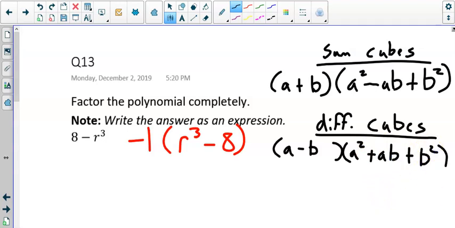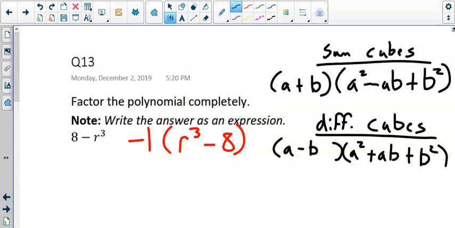The only difference between these two is where you put the minus. In the sum of cubes, it comes in the second parenthesis. In the difference of cubes, it comes in the first parenthesis. So all you need to do is take this information, figure out what A and B are, and plug it into your little formula over there.